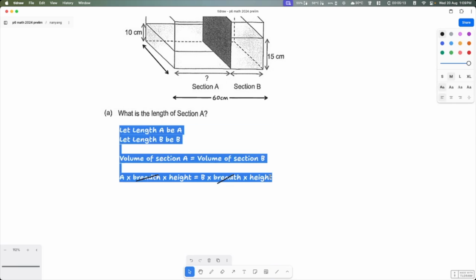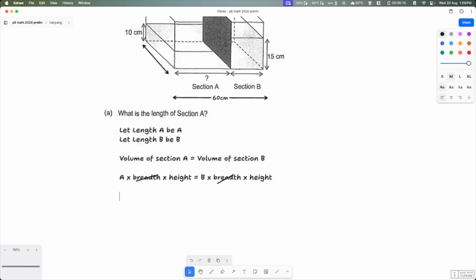Now this becomes A times the height for A, which is 10, equal to B times 15. So this becomes 10A equal to 15B.